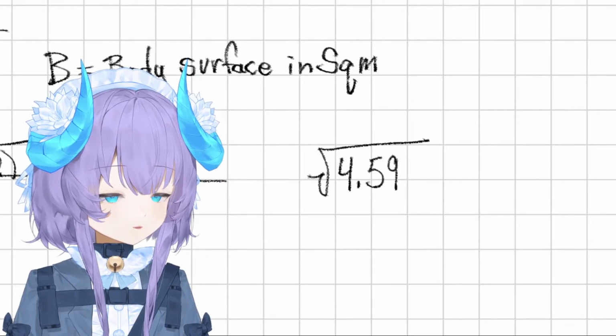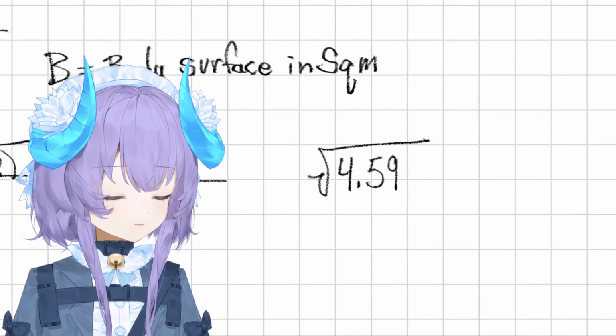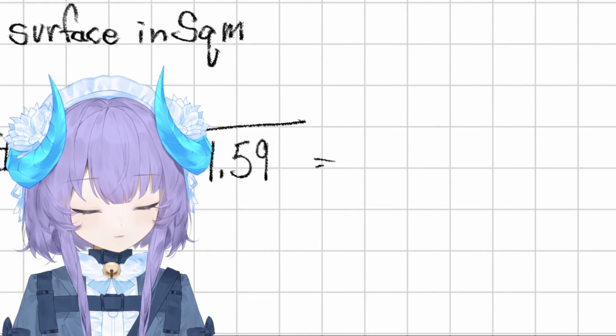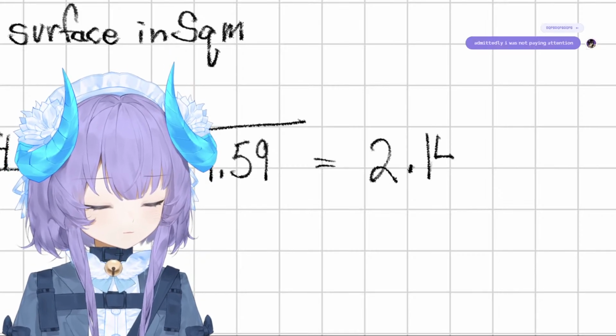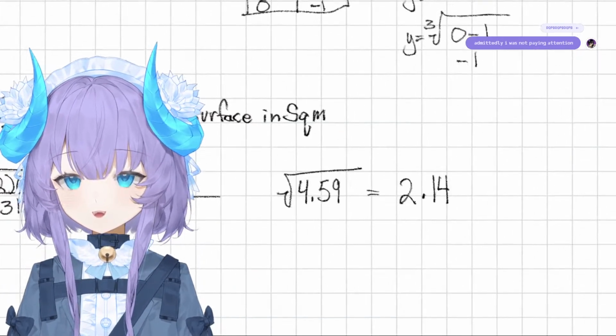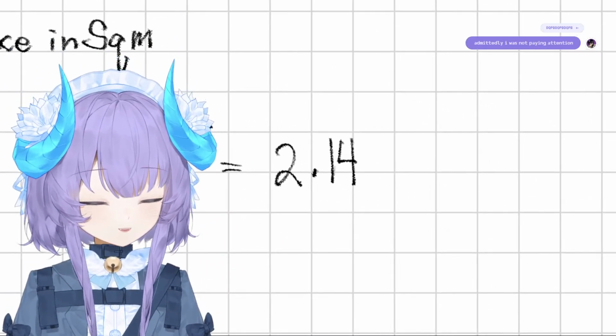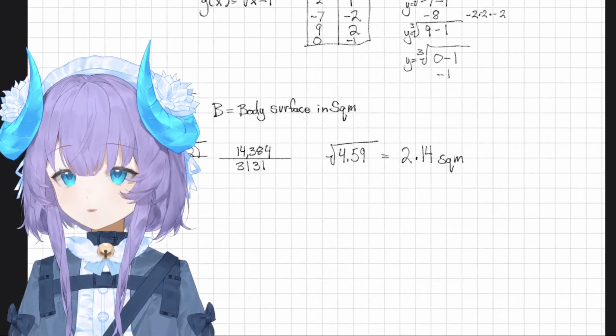H equals 2.14 square meters of body surface.